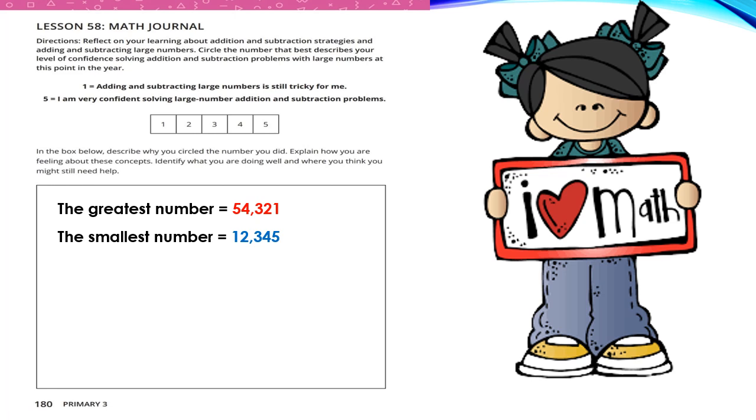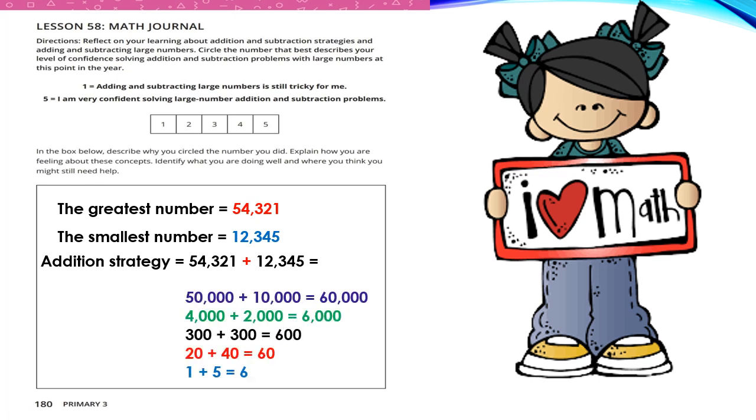Here you can choose to make addition or subtraction operation. I choose addition operation and a strategy for it. To add these numbers, I take each digit by its value alone. 50,000 plus 10,000 equals 60,000. 4,000 plus 2,000 equals 6,000.